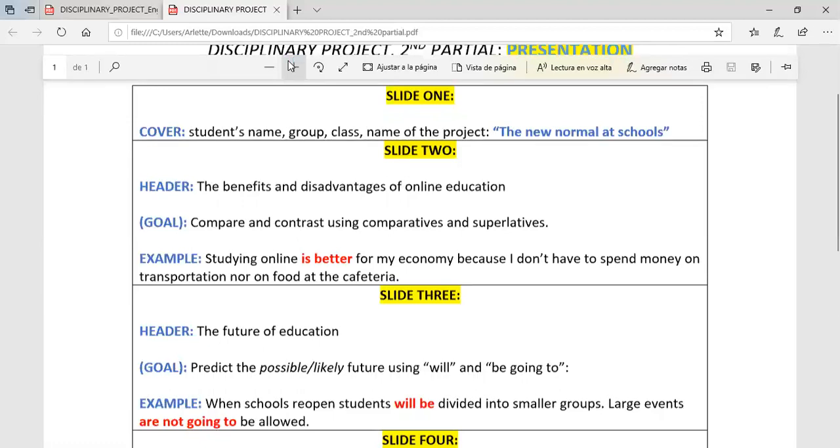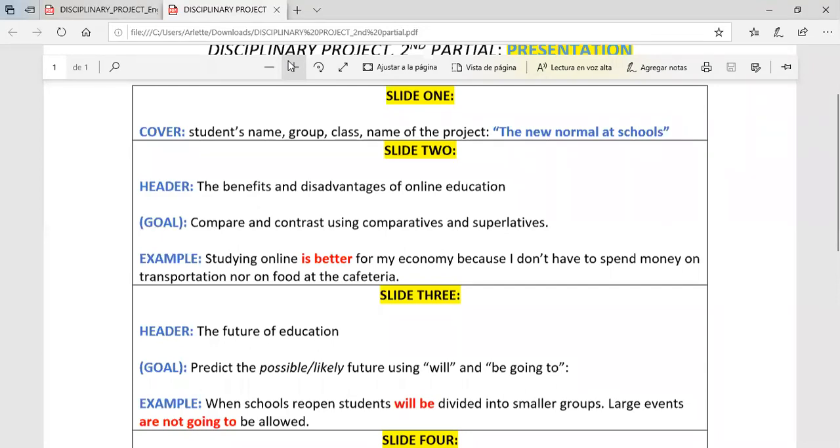Example: when schools reopen, students will be divided into smaller groups. Large events are not going to be allowed. Okay, so maybe in this you are making some predictions about the future. To make predictions, you can use will for predictions based on your opinion. Remember that we use will when you make a prediction based on your opinion.